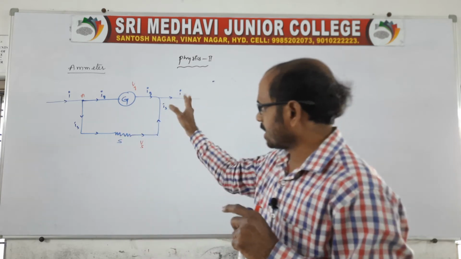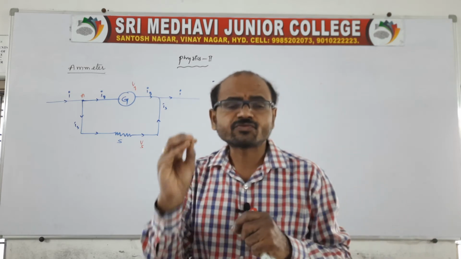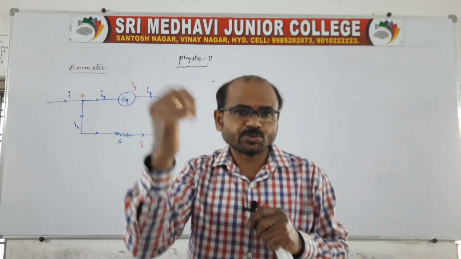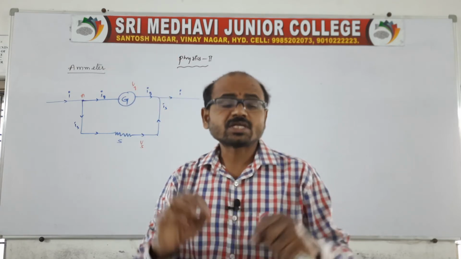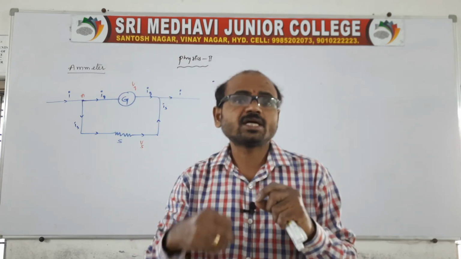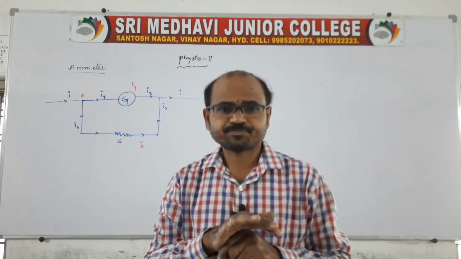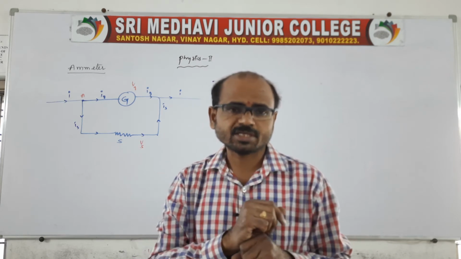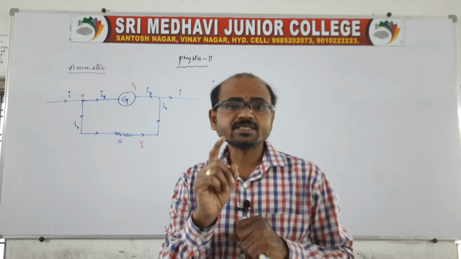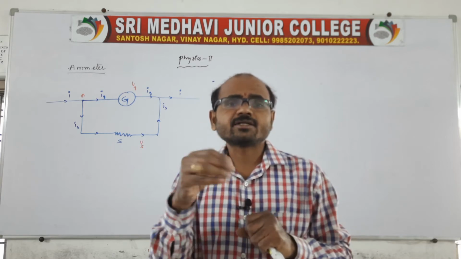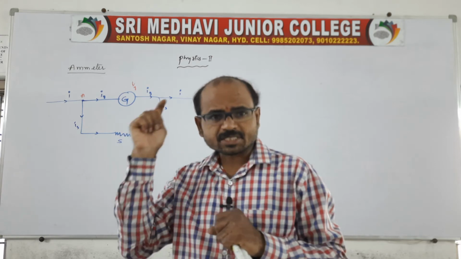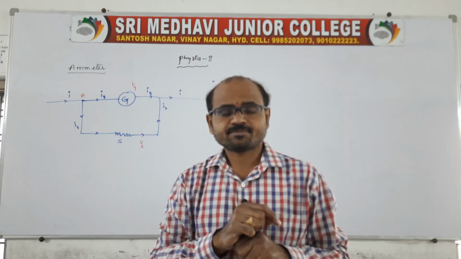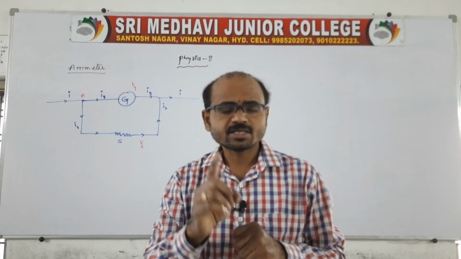Now we need to connect the ammeter in the other circuit, and it must be connected in series. This is very, very important, everyone. Here we need to find the current for the other circuit, so the ammeter must be connected in series.